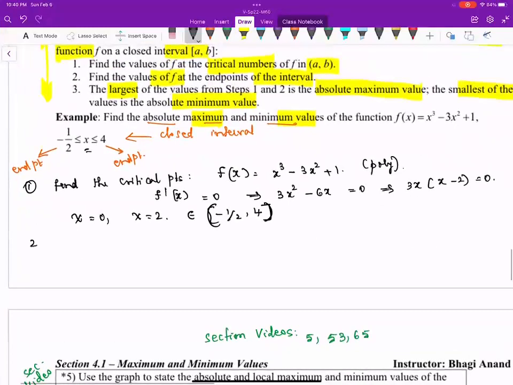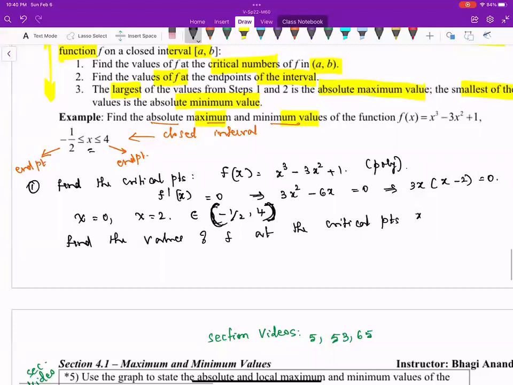That is step 1. Then what is step 2? We have to find the values of f at the critical points, namely x = 0 and x = 2.